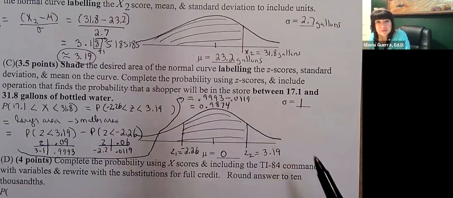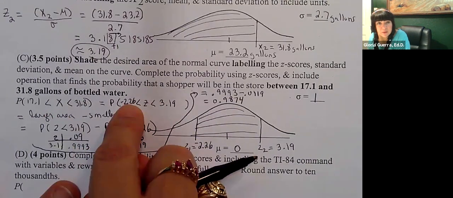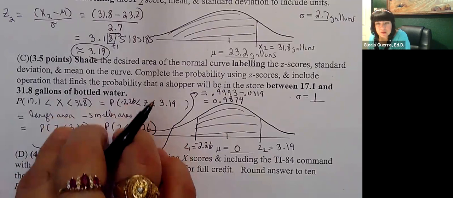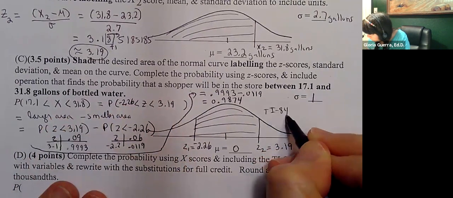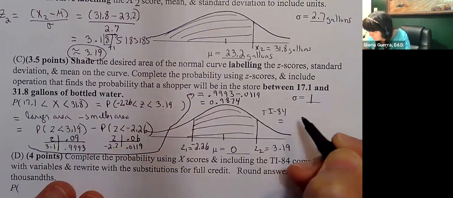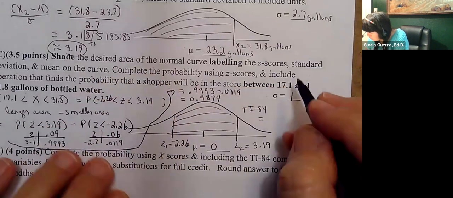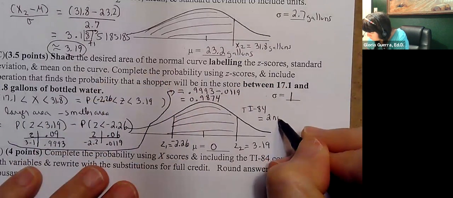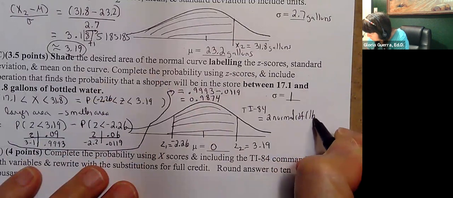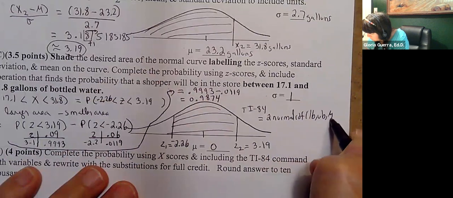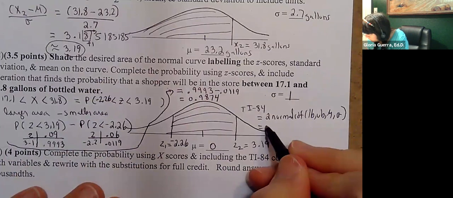But instead of having this, on the calculator you would put normalcdf, lower bound, upper bound, mu, and sigma.